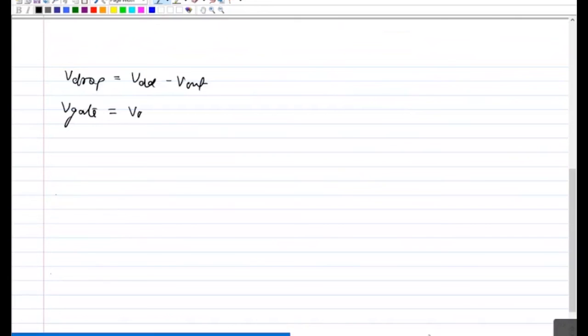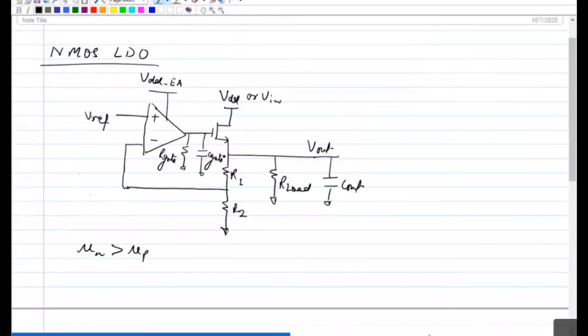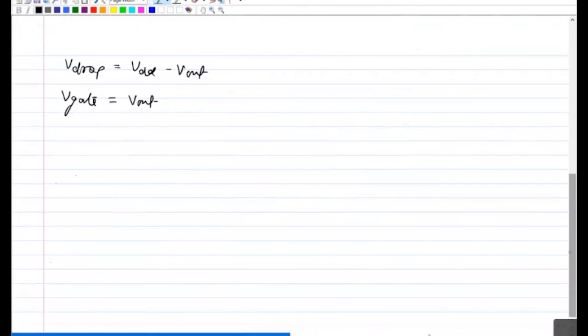V out. So if you go from source towards gate, you require one VGS here. So your gate voltage required will be, if this is V gate, and one VGS should be, so V gate equal to V out plus VGS, and VGS should be equal to VTH plus what?